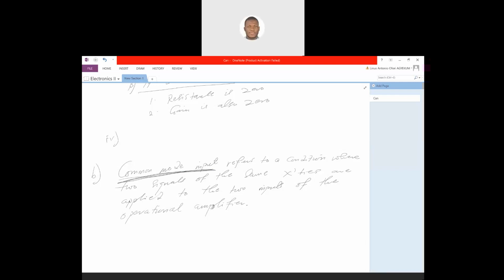Okay. So that is the definition for common mode input.